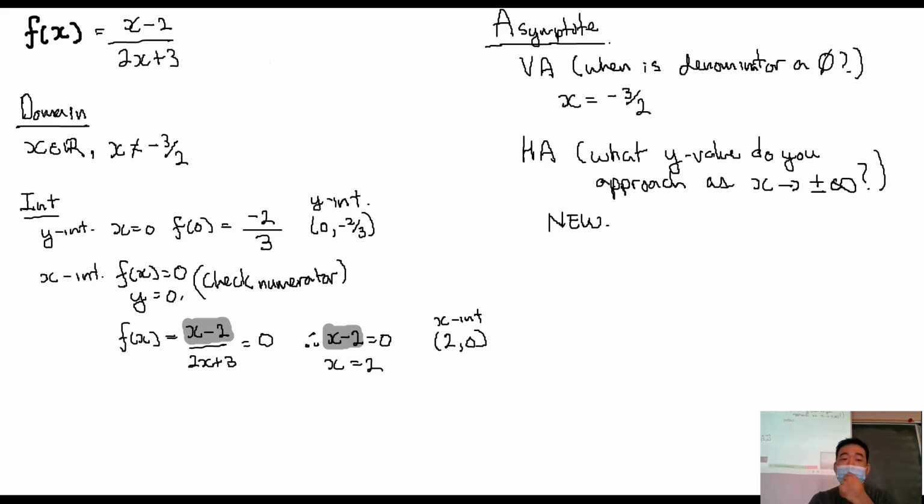So maybe if I do it the same way as I did normal reciprocal functions, I'll get something. So let's do f of x as x approaches positive infinity. That would be infinity minus a 2. And guys, this is going to be wrong.